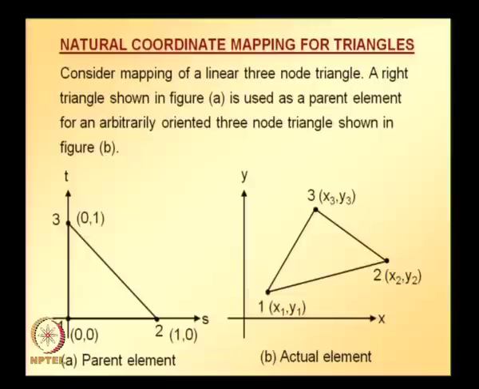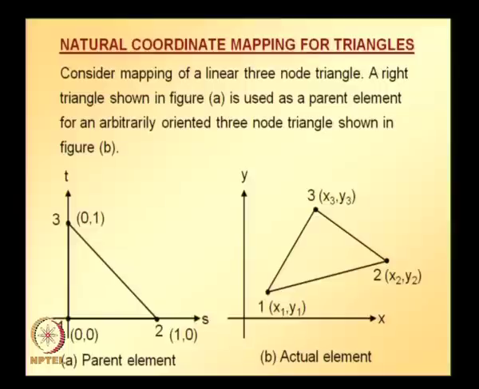A right triangle is shown in the figure on the left hand side, and that is used as a parent element for arbitrarily oriented 3 node triangle element, which is shown on the right hand side.